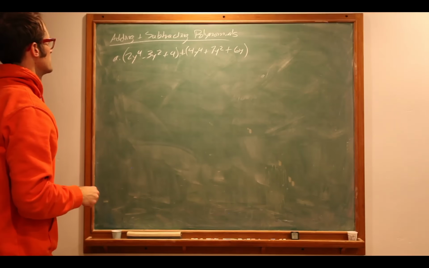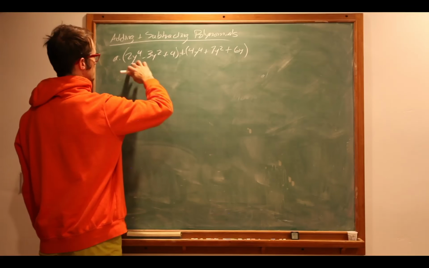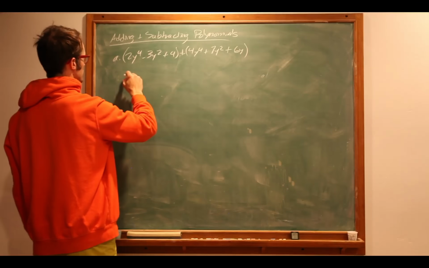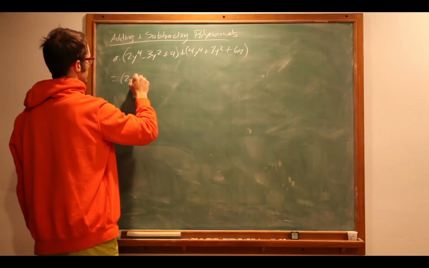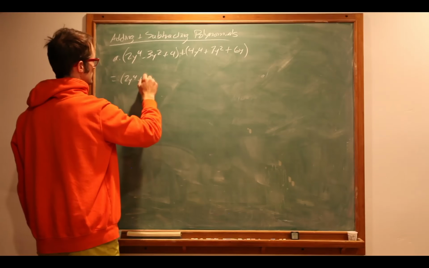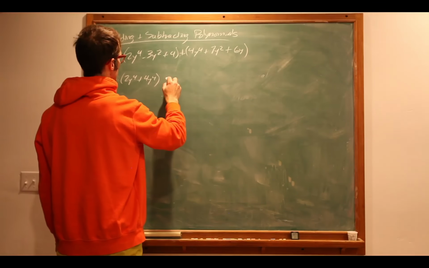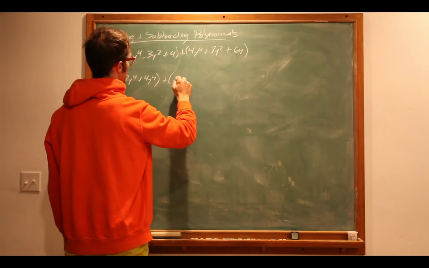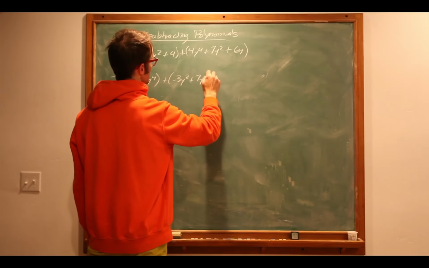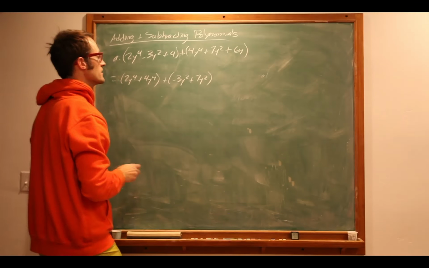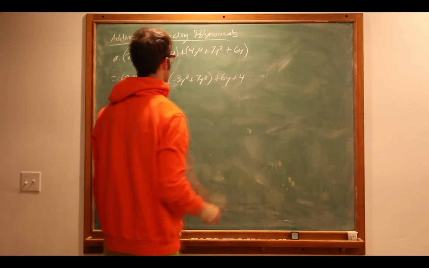So let's take a look. Okay, so we have two terms that are y to the 4th, so 2y to the 4th plus 4y to the 4th, plus negative 3y squared plus 7y squared, and 6y is standing alone, and so is 4.